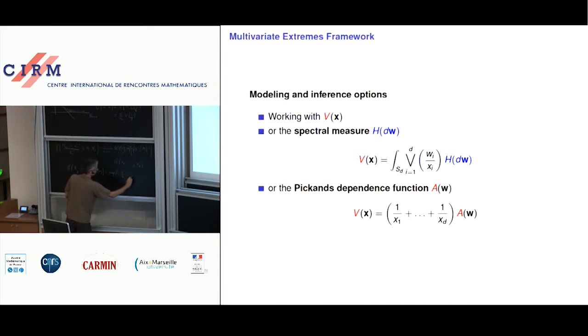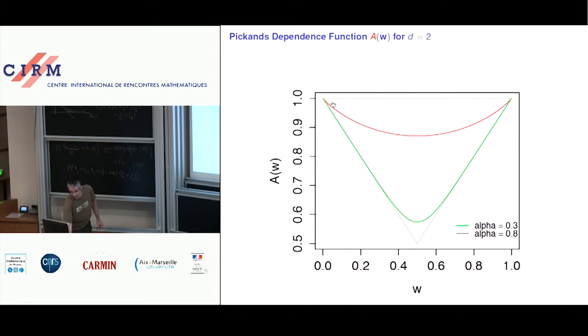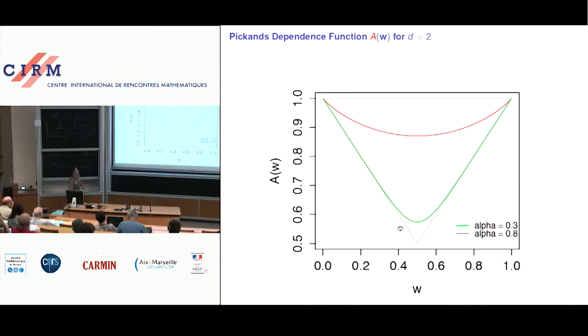And so it's just this. So when A here equals 1, we are in the independent case. Okay? And in fact, when x1 equals x2 equals xd, you have this gray triangle here. That means we are in the dependent case. And then we can be between the two.